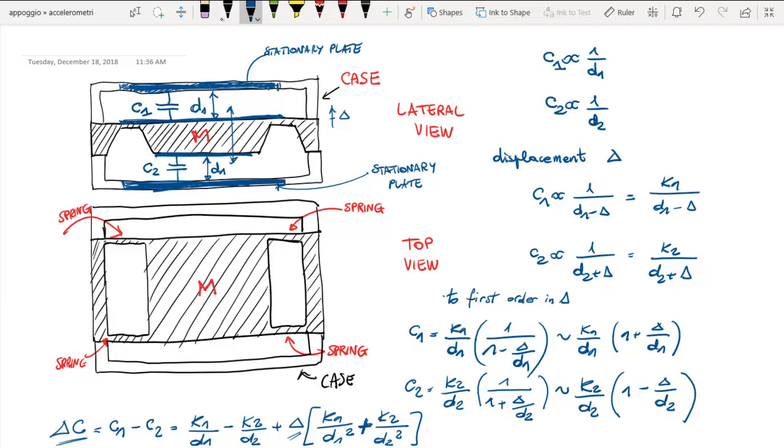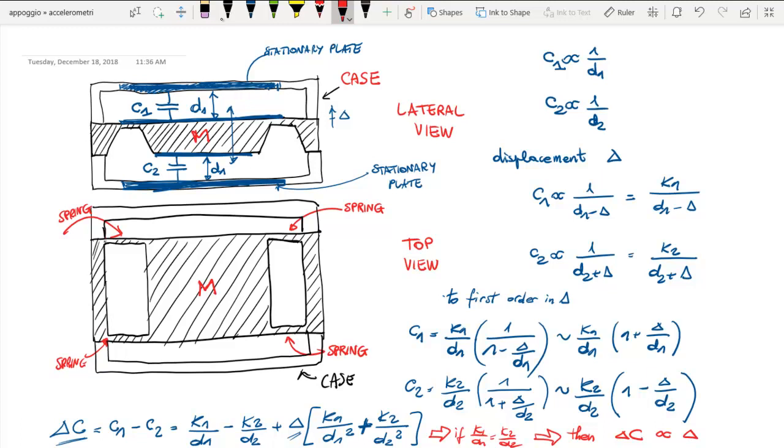So, if K1 over D1 is equal to K2 over D2, then the difference between the two capacitances is proportional to the displacement.